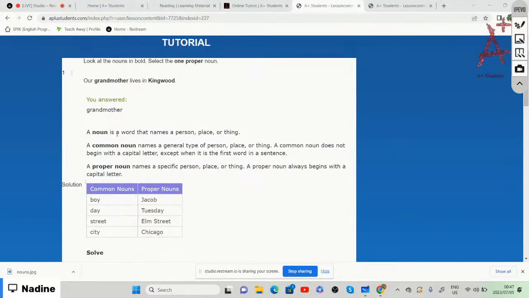Because remember, a sentence starts with a capital letter and it ends with an end mark, like a period or exclamation point. However, a proper noun names a specific person, specific place, or specific thing. And a proper noun always begins with a capital letter.